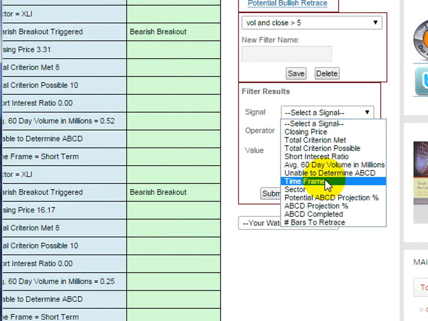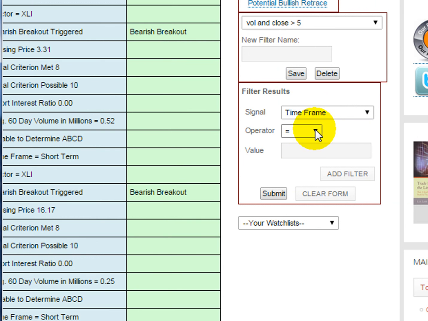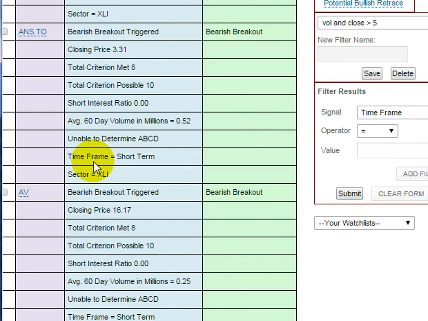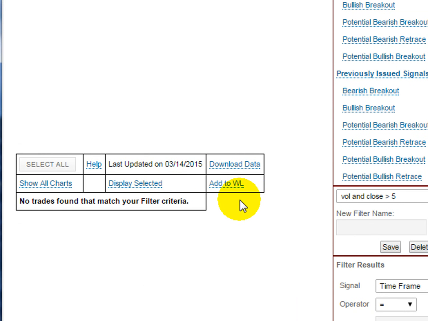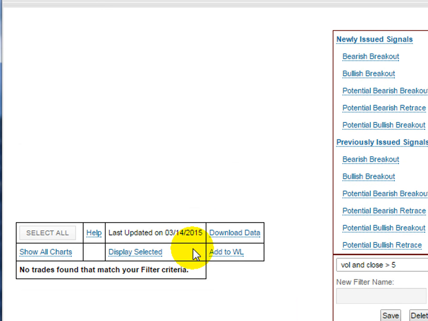For example, let's just say I only want the time frame where the time frame is equal to, and then of course I would look over here to see what the values can be. Let's say I only want intermediate term time frames. If I submit that, it will filter on just intermediate, and because I'm doing this on a day other than when intermediates were generated, I'm not going to see any.